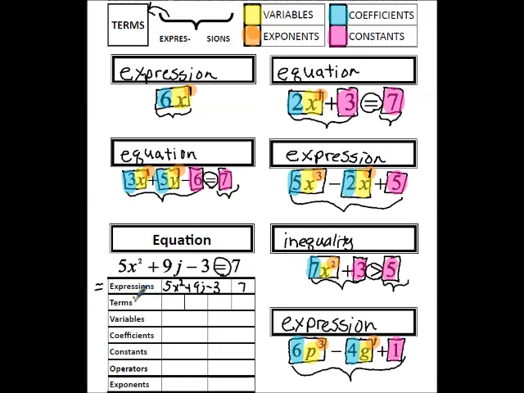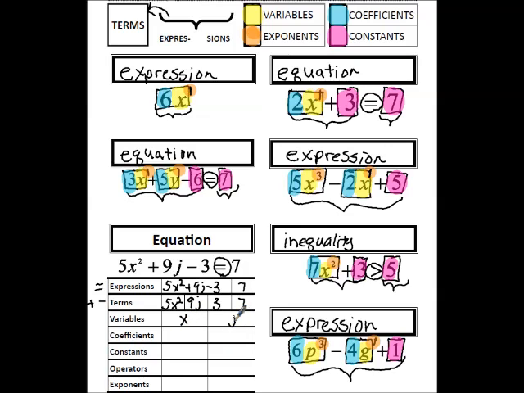So equal signs separate equations into expressions. Now expressions are broken down into terms, and the plus or minus signs separate those. So you have 5x squared as a term, separated by the plus sign. 9j is a term, separated by the minus sign, and we have 3. On the other side, that expression is just 7.